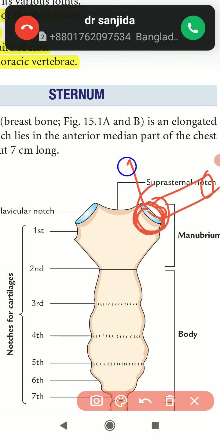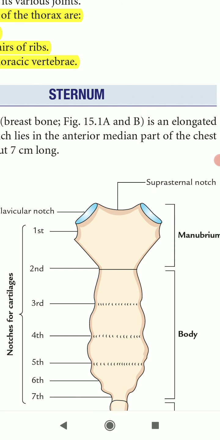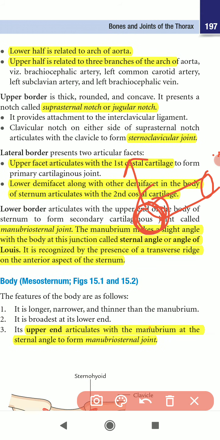What type of joint is this? It is a saddle type of synovial joint. In the bones and cartilage class, the professor will later explain what a synovial joint is and what the types of synovial joints are. Just know the sternoclavicular joint is a saddle type of synovial joint.